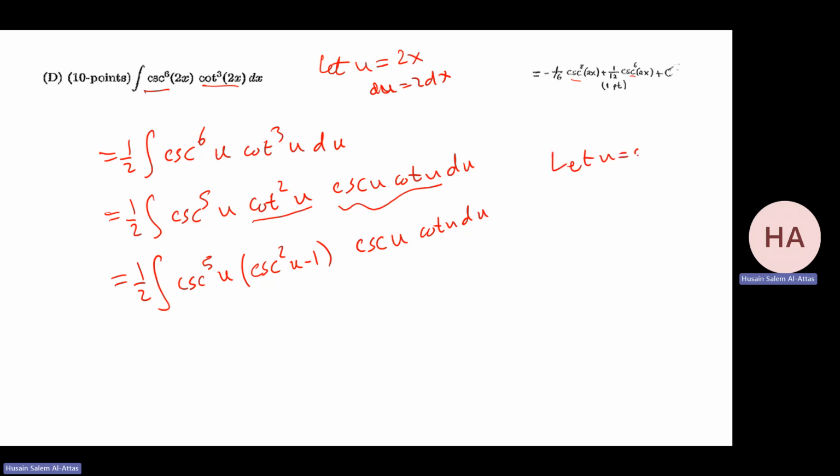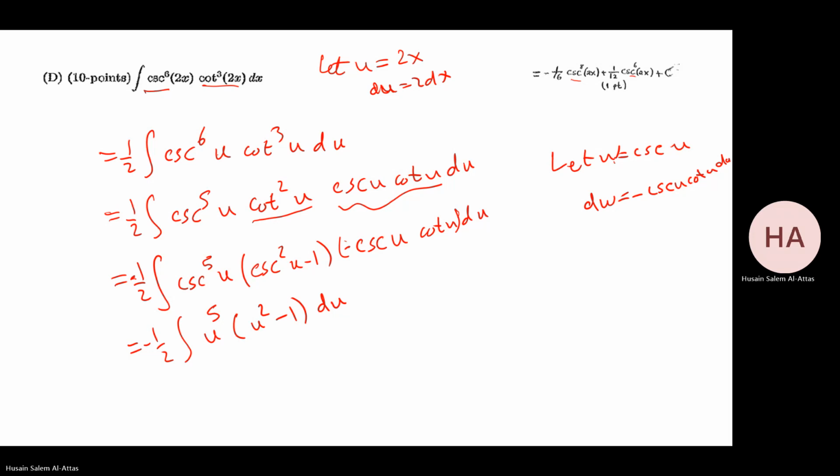Now I let w be cosecant u, so dw will be minus cosecant u cotan u du. I need to be careful with this minus sign, so I put the minus here and the minus outside. So I have minus half of the integral of w to the power 5 times w squared minus 1 dw.